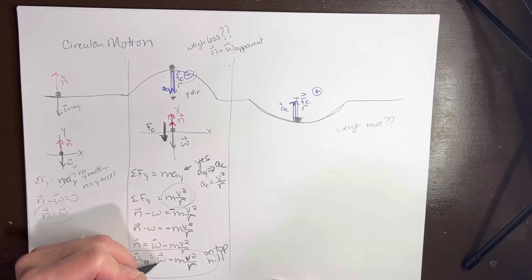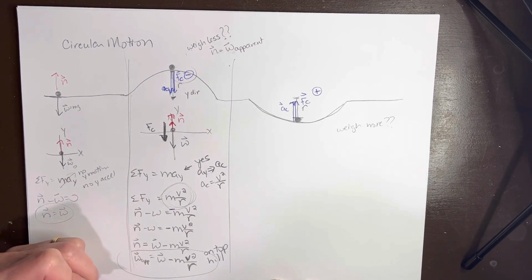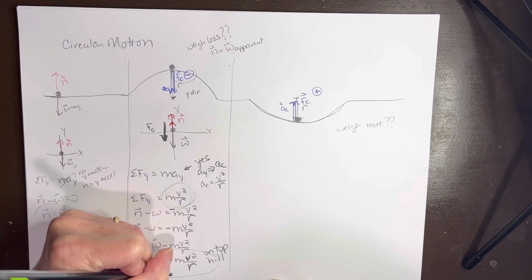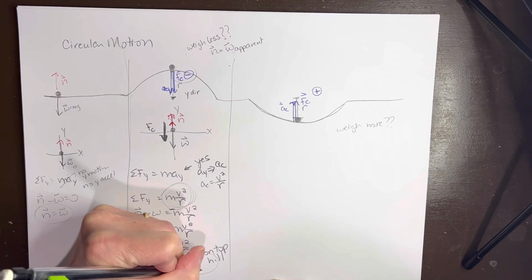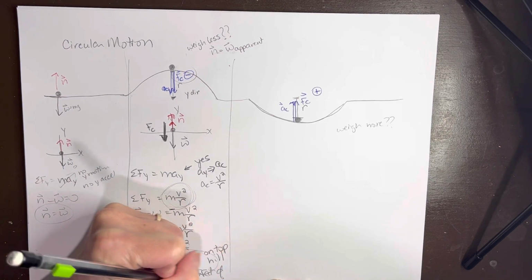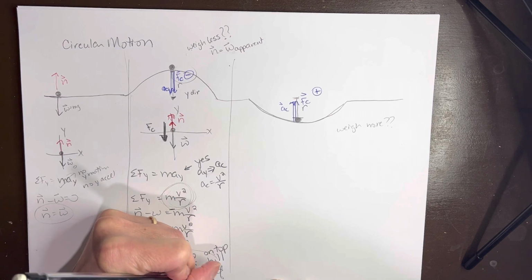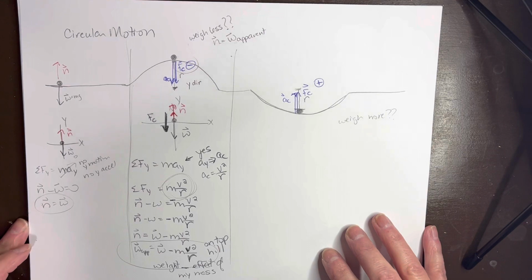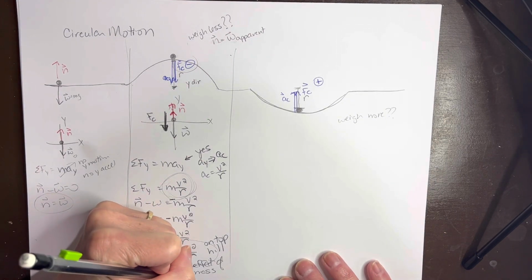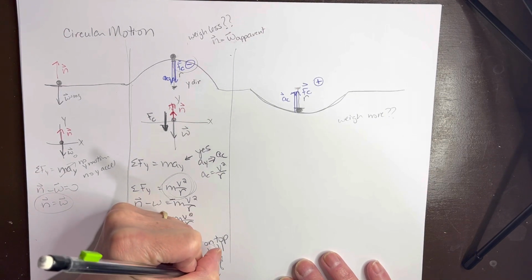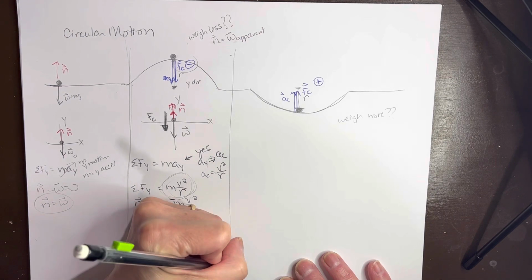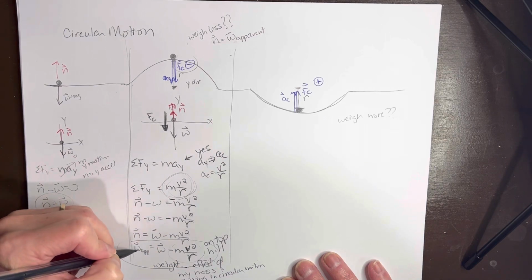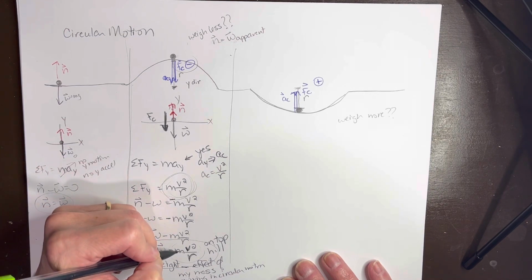This whole term is negative, so it's my weight minus the effect of my mass moving through the curve, my mass moving in circular motion. Okay, that's centripetal force. That's what I'm subtracting here. So yes, my weight is less, my weight minus the effect of the hill.